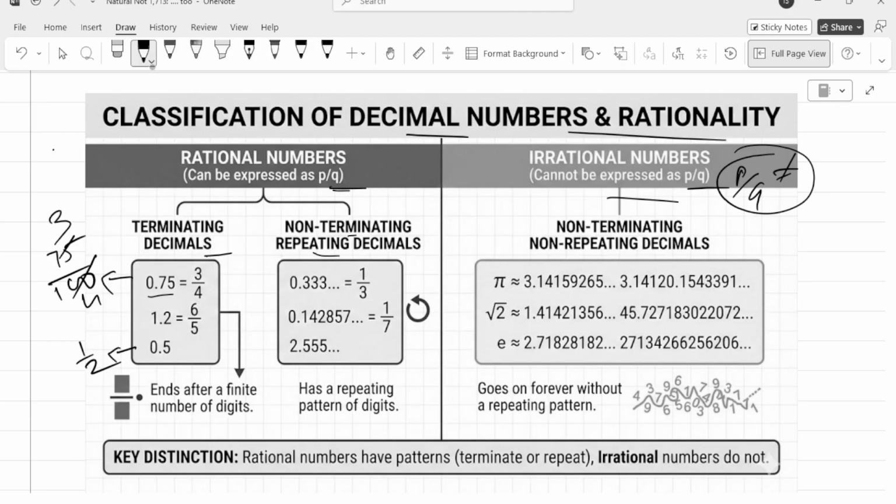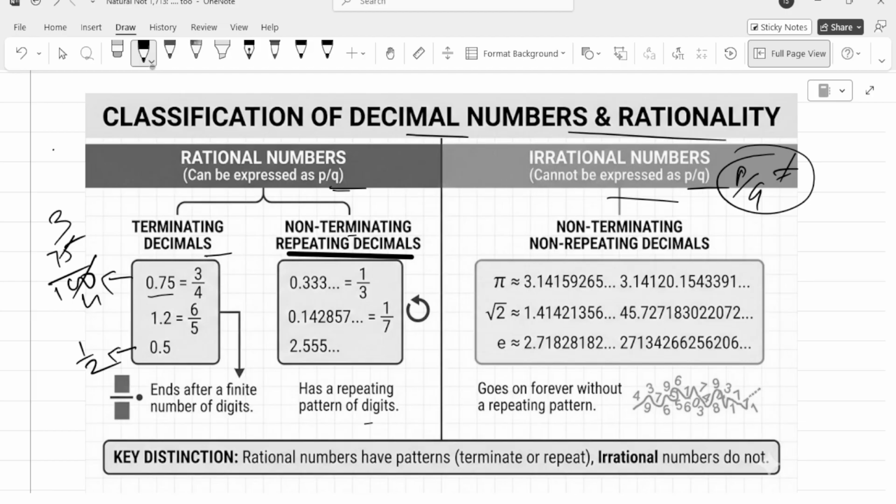Here 1 by 7 is a non-terminating number, but when some number is repeated continuously, that we call a repeating number. That means rational numbers can be terminating decimal, or non-terminating and repeating decimal also. After a finite number of digits, there is a repeating pattern of digits that continuously goes on.